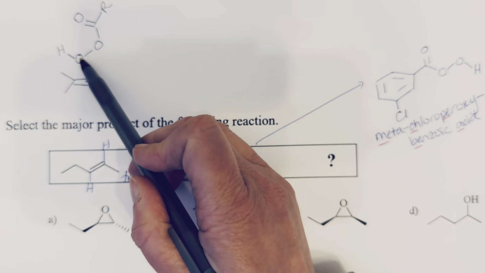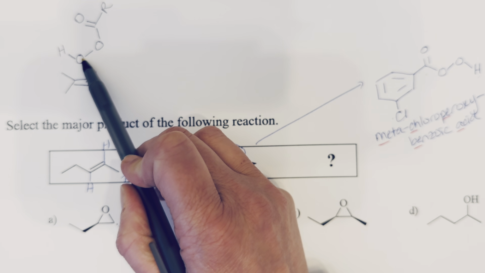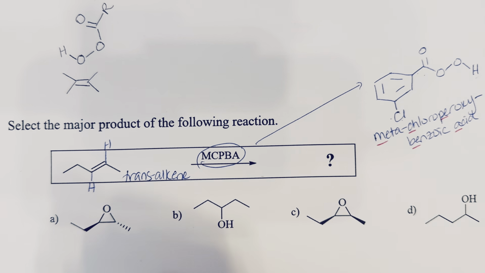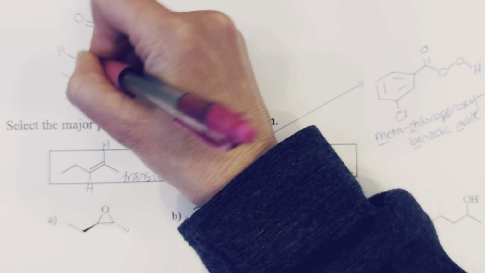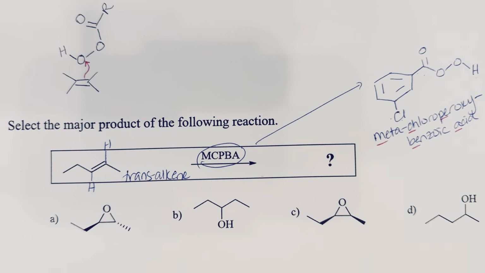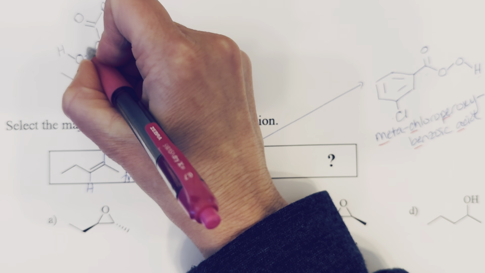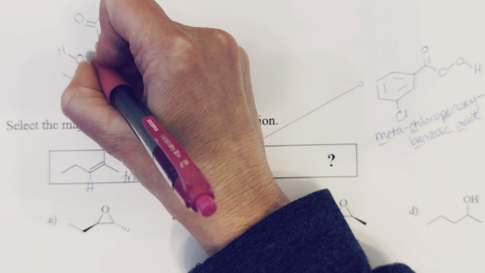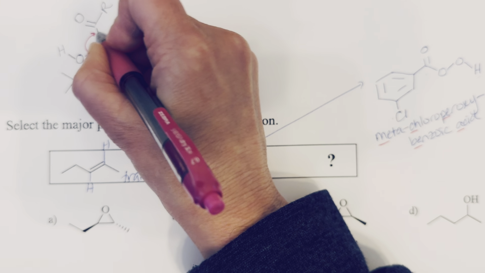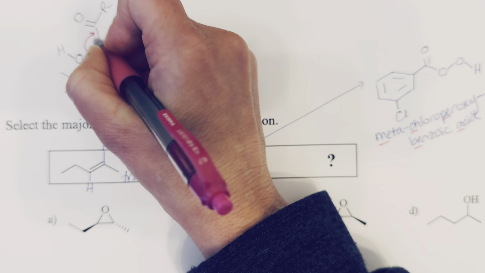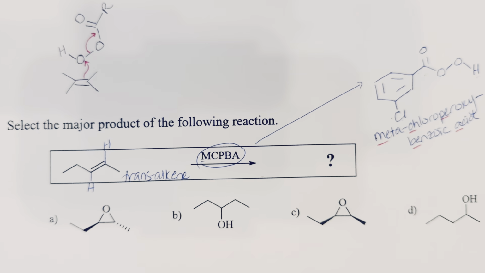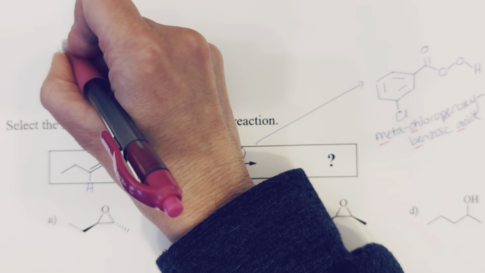All right, so this oxygen here is electrophilic, so the alkene is going to react with it, and that's going to set off a series of reaction steps of arrows. So we are going to push these arrows into here, so we're forming a carbonyl. And we're going to take the pi electrons from the previous carbonyl and grab the hydrogen.